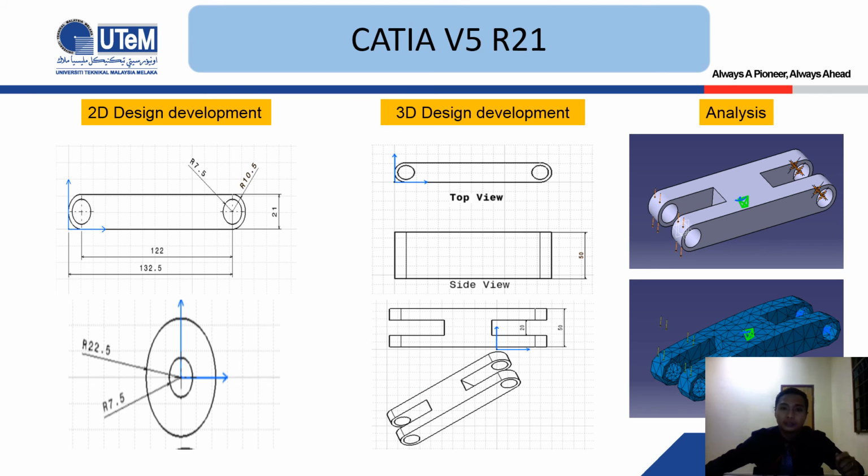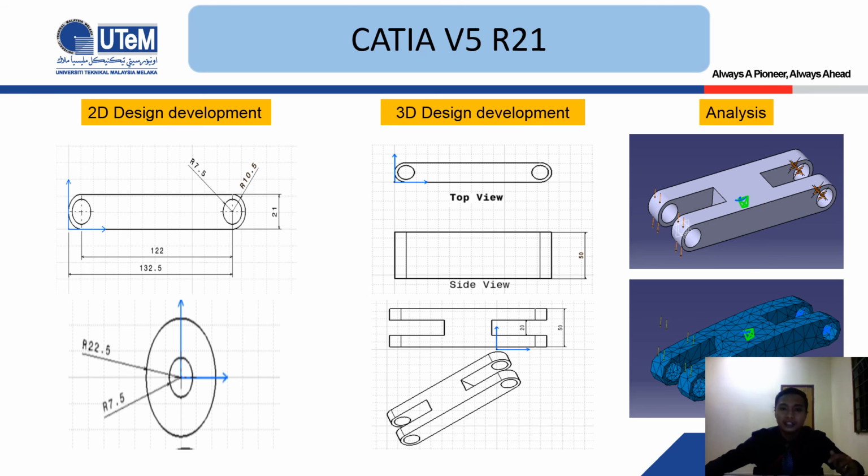Okay, after we determine the best design, now we go through the pipe design developed using CATIA. In this phase, the first thing to do is 2D design development. In 2D design development, we just need to sketch and determine the dimensions of the circle, height and length of the pipe design.